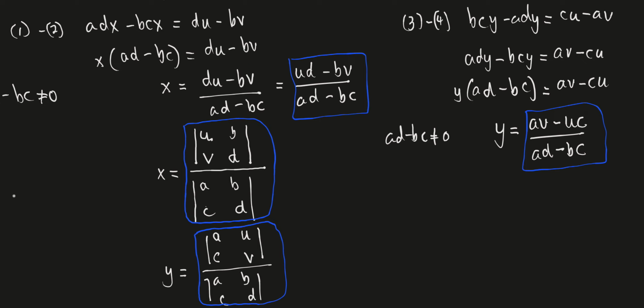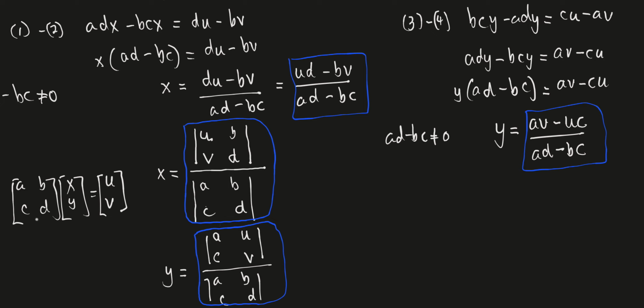We had A, B, C, D, we had our column with the variables x and y, and then we had our column with our constants, the u and v. So do you notice what goes in the denominator is the determinant of the coefficient matrix? And as long as that determinant is not zero, both of these expressions are well defined, right?